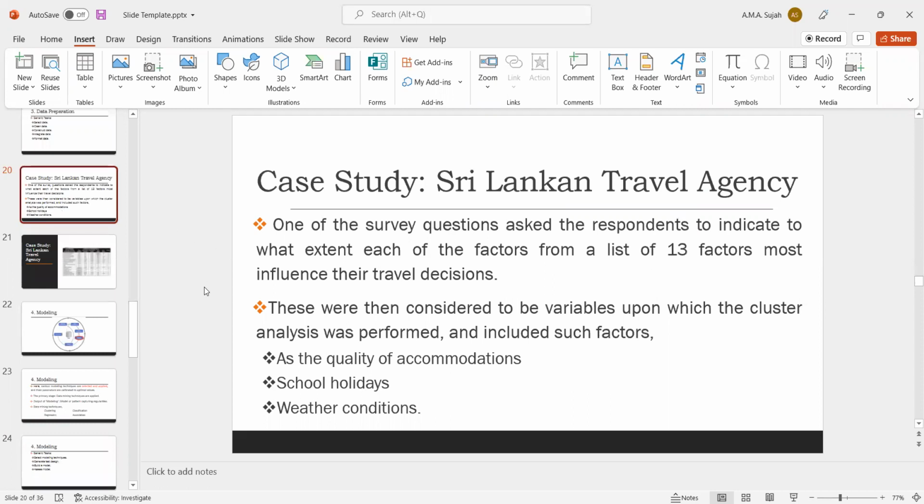In this study also, they are doing data preparation. Let's say based on the questionnaire, they figured out 13 factors that influence the traveling decisions of tourists. They can directly apply these 13 attributes, 13 different factors, to cluster the customers. Also, they verify which attributes are highly correlated.